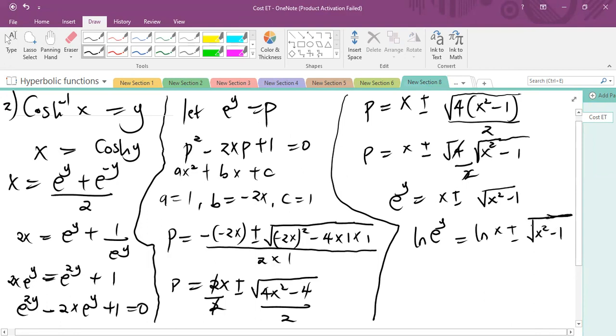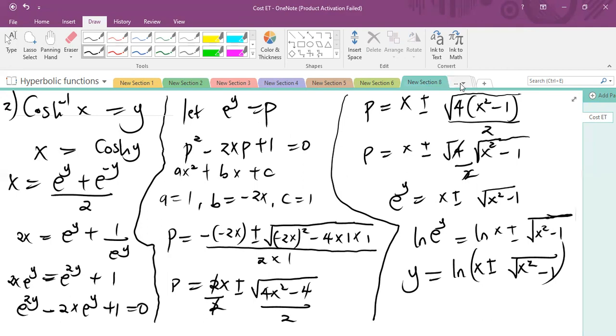Using the power law of logarithms, I can write this as y ln e. Ln e is 1, so we just have this as ln of x plus minus the square root of x squared minus 1, which is the log form of cos hyperbolic inverse of x.